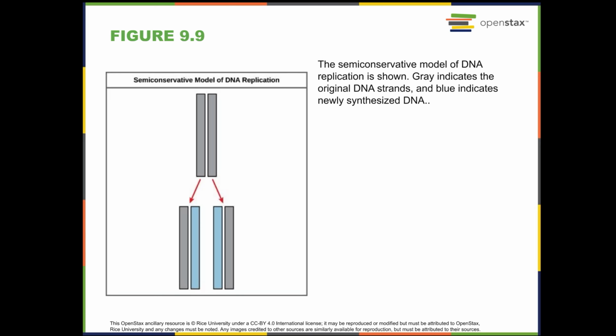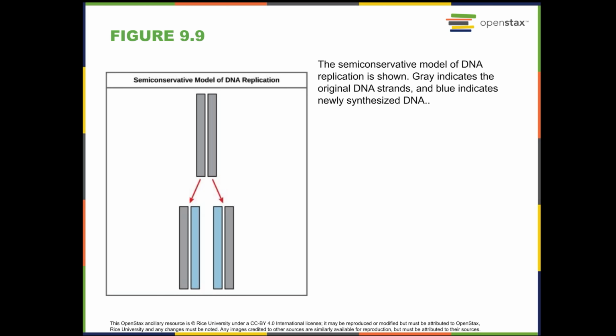The process of replication in DNA is known as a semi-conservative process. This is because when one double strand of DNA is replicated, each new strand contains one of the old strands of DNA. You can see here the gray bars on top represent the original strand of DNA.